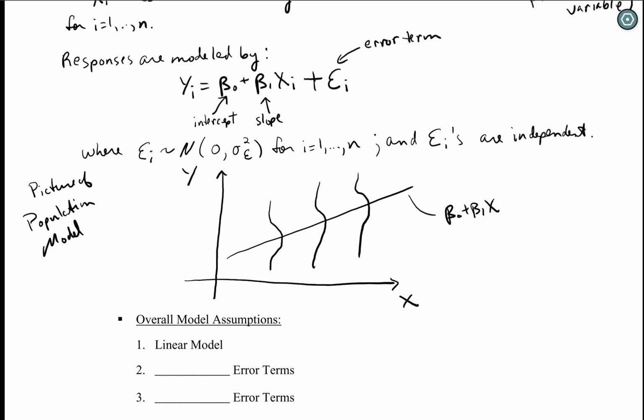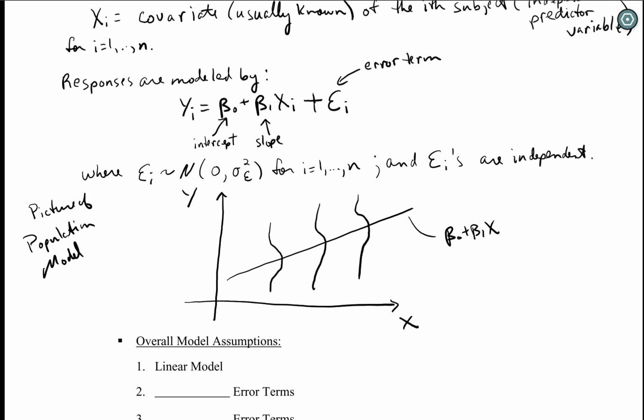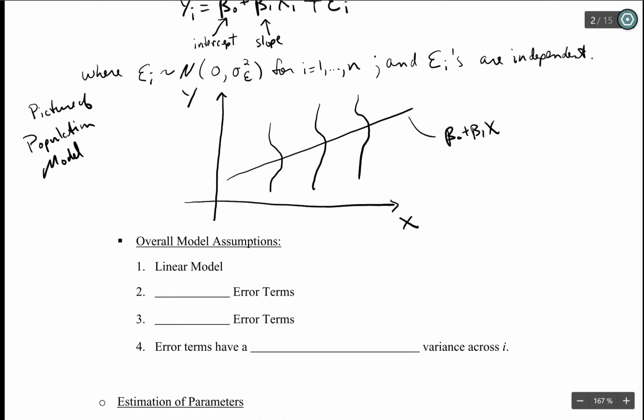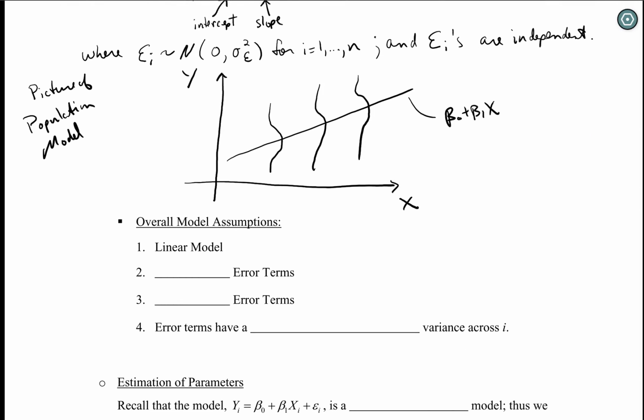But this is our model designation. The overall assumptions in the model are, there's 4 of them, and they're inherent with what I have stated here. These are the 4 assumptions for simple linear regression. One is that we have a linear model, that x and y are actually related by a line.